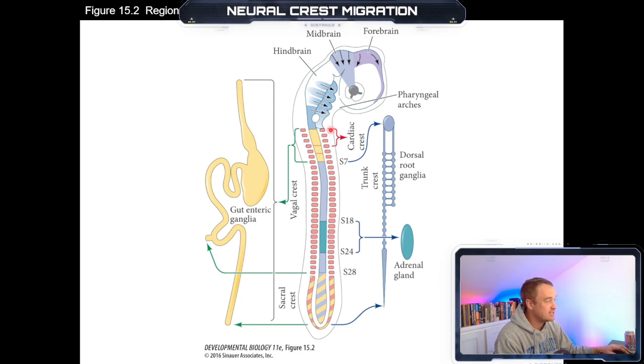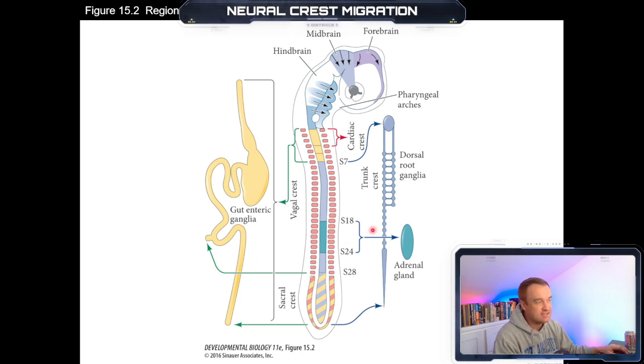The neural crest cells on the trunk, so these down here, make sympathetic neurons and pigment cells, the melanocytes, and a subset of them at the bottom here, somites 18 through 24, form the adrenal gland, or the medulla portion of the adrenal gland.